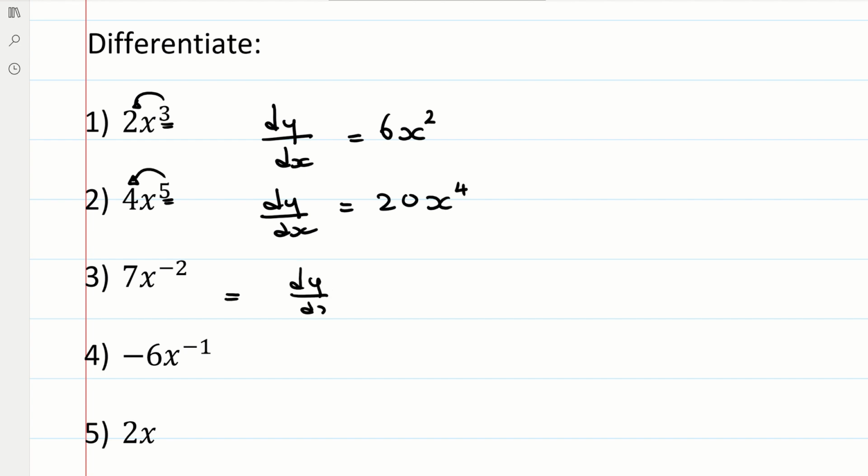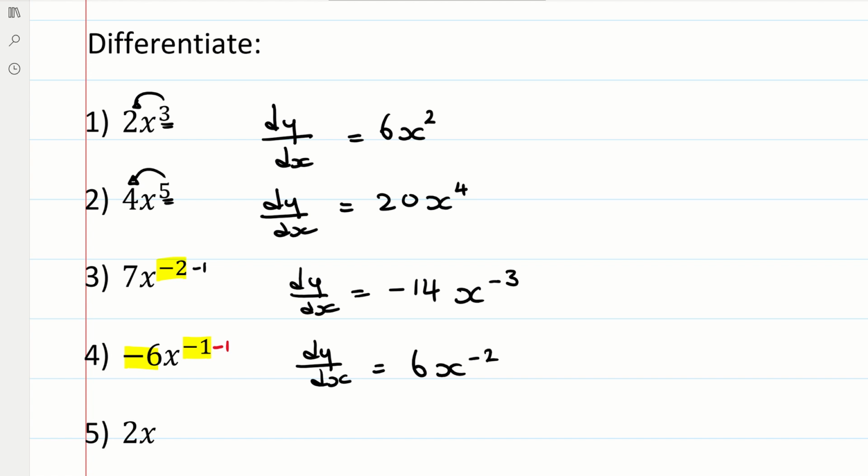Dy over dx, negative 2 times 7 is negative 14. And then note, when I take away 1 from negative 2, I have x to the power of negative 3. Negative 1 times negative 6 is a positive 6x. And then again, when I take away 1 from negative 1, it becomes a negative 2.